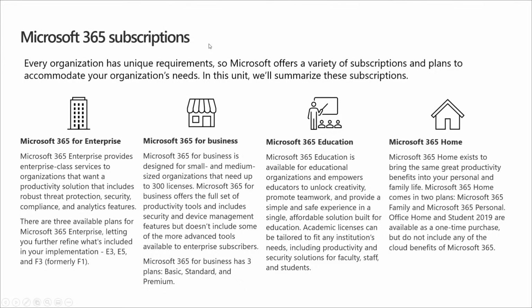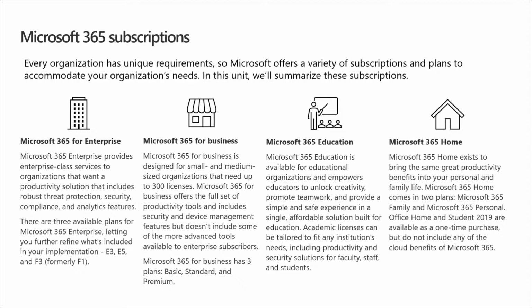The different ways to get Microsoft 365 are divided up into 4 major categories: enterprise, business, education, and home. Enterprise now comes in 3 different implementations: E3, E5, and F3, letting you choose which one is going to be the most appropriate.